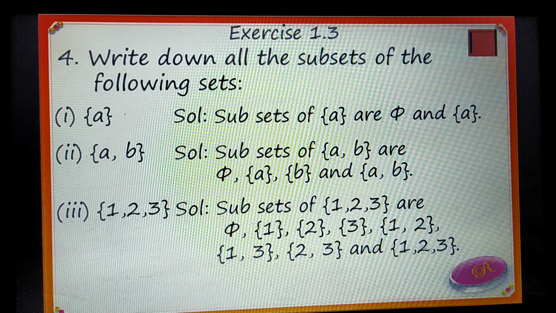Fourth set is empty set. Solution. Subset of empty set is empty set.